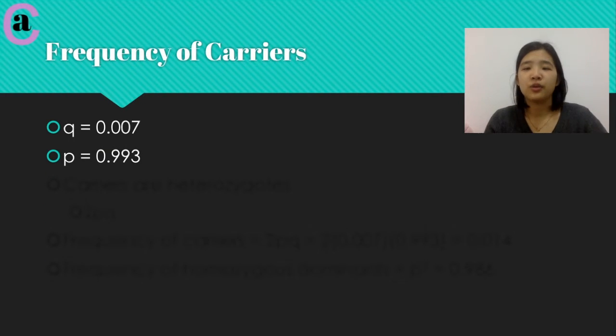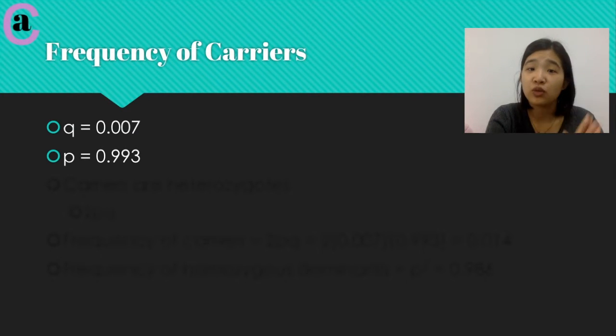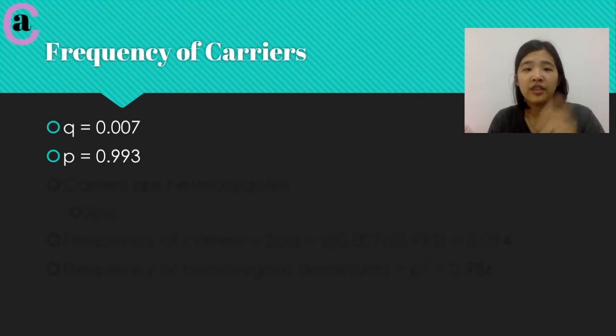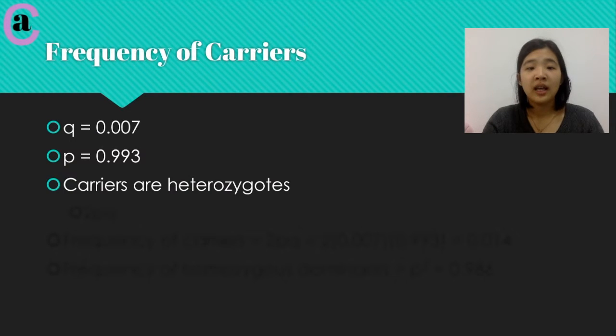All right, so to carry that over into the frequency of the actual carriers themselves, these are the two frequencies that we discovered at the last slide. And just to make sure that we know what we're looking for, carriers are heterozygotes, right?